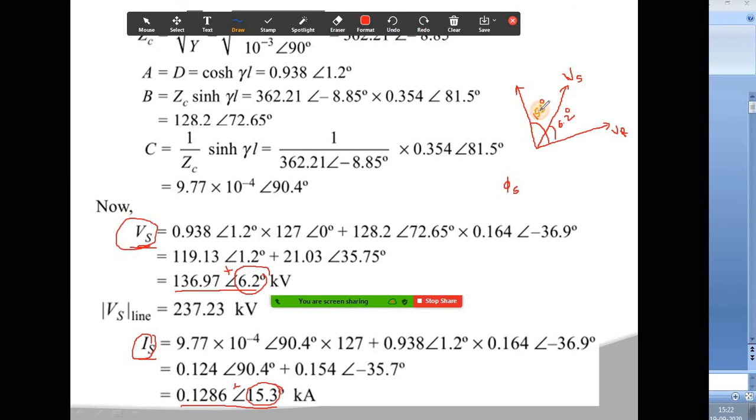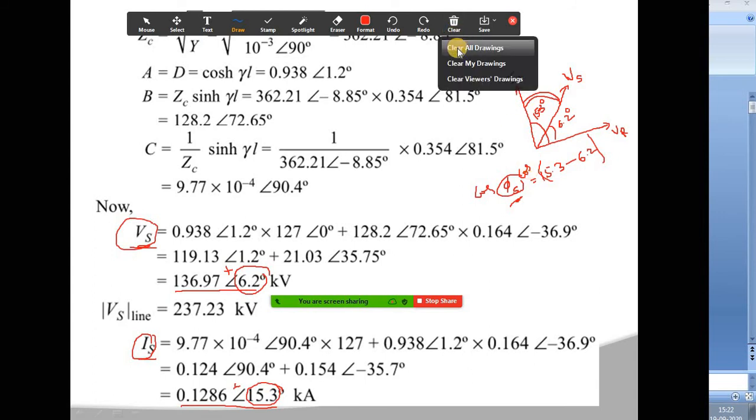This is Is. Now phi s is the angle between your Vs and Is, so the angle between Vs and Is is 15.3 minus 6.2. This is the sending end power factor angle, and power factor is equal to cos phi s. Cos of this angle gives you the sending end power factor.